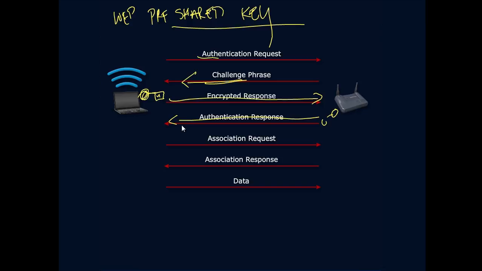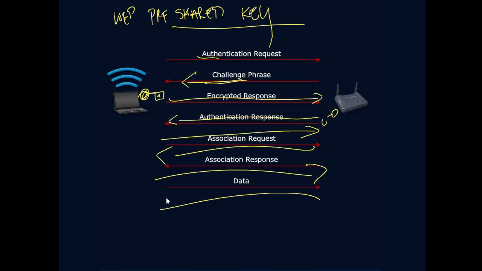Now the problem with WEP is it's not a very strong key, right? So it's easily crackable. Also, WEP uses the same key. It is static, nothing changes. So if I capture enough of these requests, enough of these responses, enough data going back and forth, eventually I will be able to isolate the key data and reverse engineer it.